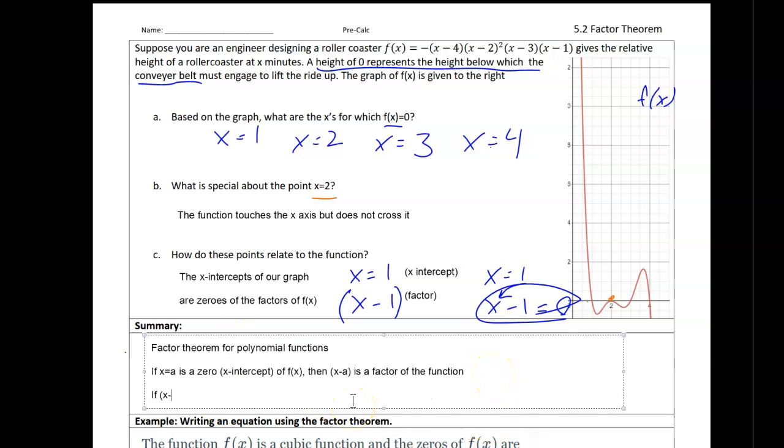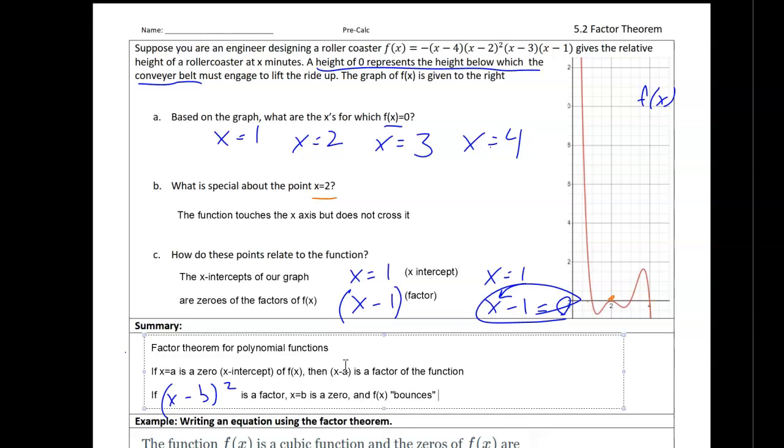And we can add one more detail. Let's say we have x minus b squared as a factor. So that was in our example x minus 2 squared. We can say from looking at the graph that b is an x-intercept and f of x, I'm going to use the word "bounces." I'm going to put it in quotes because we know what it means, but what does it mean, right?